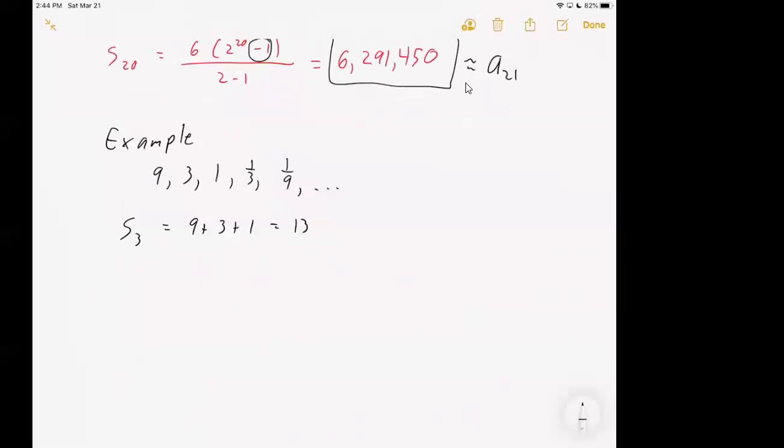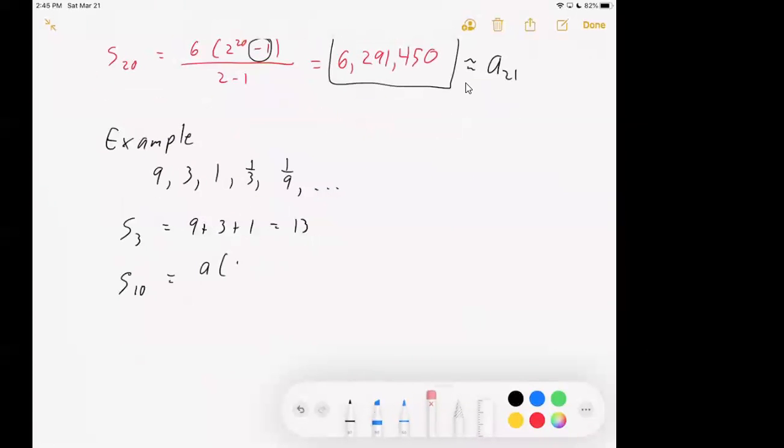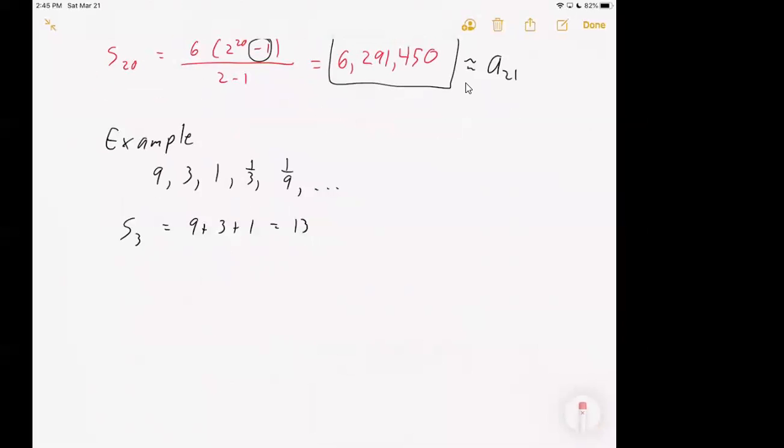It would be a little bit trickier if I wanted to find S of 10, right? I would probably want to use the formula. Let me step back for one moment and define what everything is.